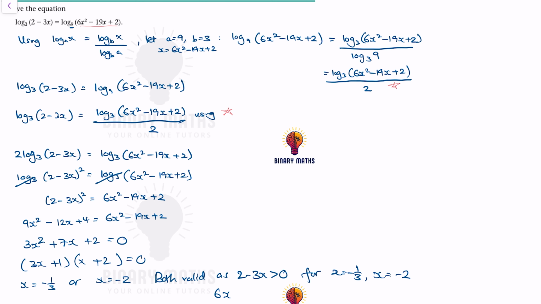And in 6x squared minus 19x plus 2, the minus 19x will become positive because x is a negative number, so the whole thing will also be positive. So therefore, x equals minus a third and x equals negative 2 are both valid answers.